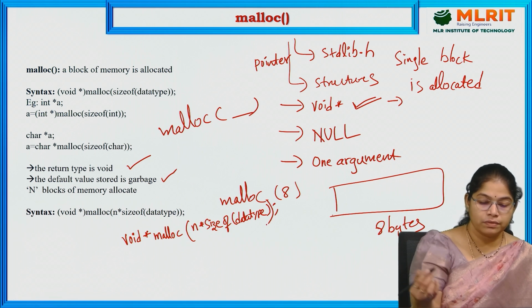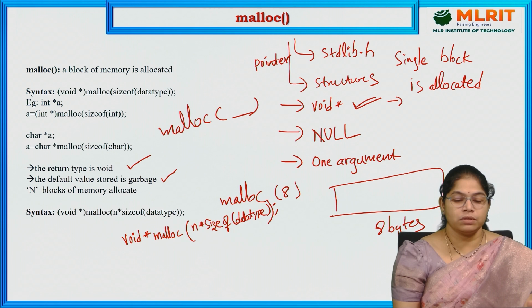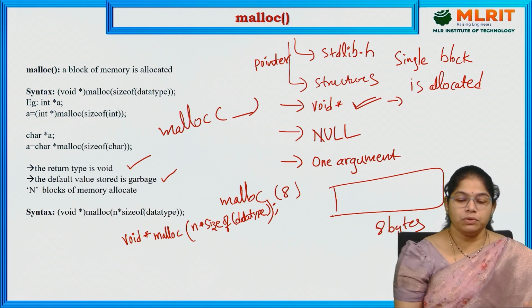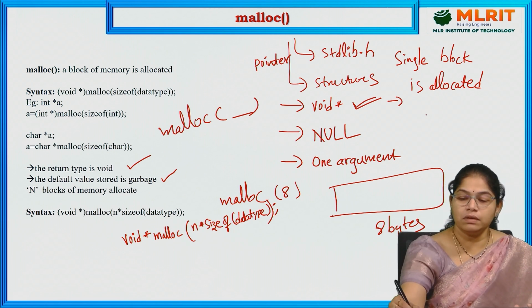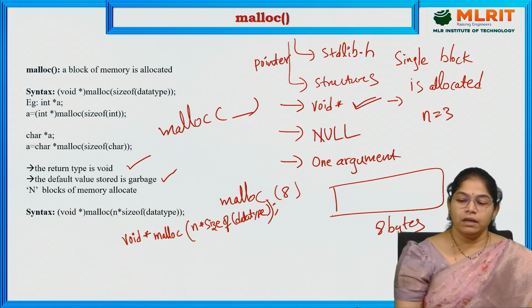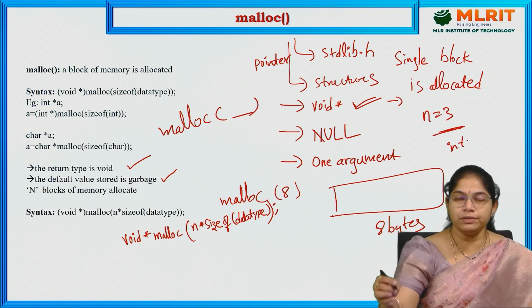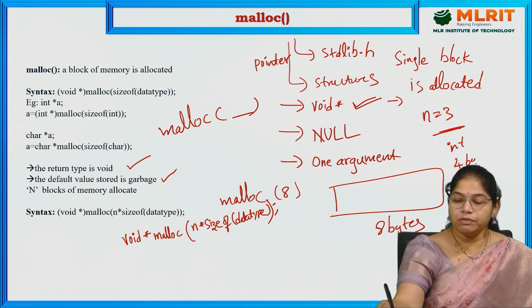Suppose I want to store integer values, and the number of blocks I want to allocate here is 3. In that memory I want to store integer values, and an integer occupies 4 bytes of memory.